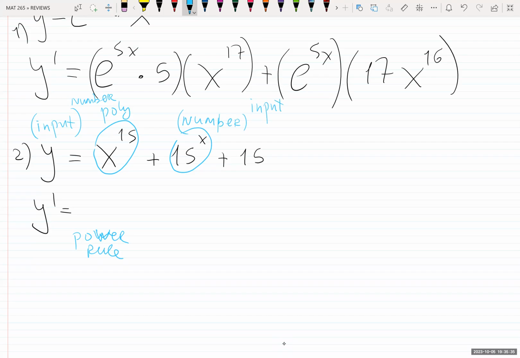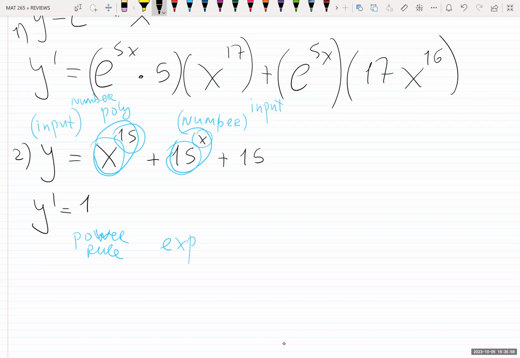So variable to the constant versus constant to the variable. That's the difference. When the base is not x, that somehow is hard, and you have to use the exponential derivative.